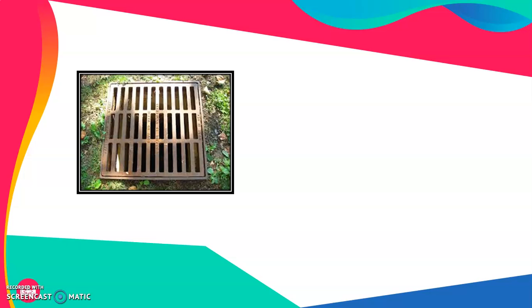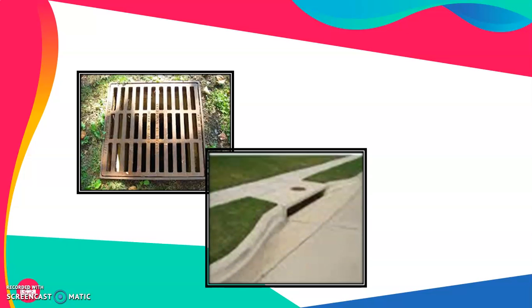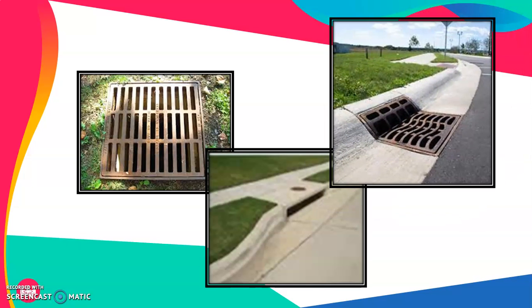This figure shows the horizontal inlet, where the inlet surface is placed horizontally, while this figure shows the inlet which is vertical in nature, and this figure shows the curb inlet, which has a horizontal as well as an inclined or vertical portion which acts as an inlet for the storm water.